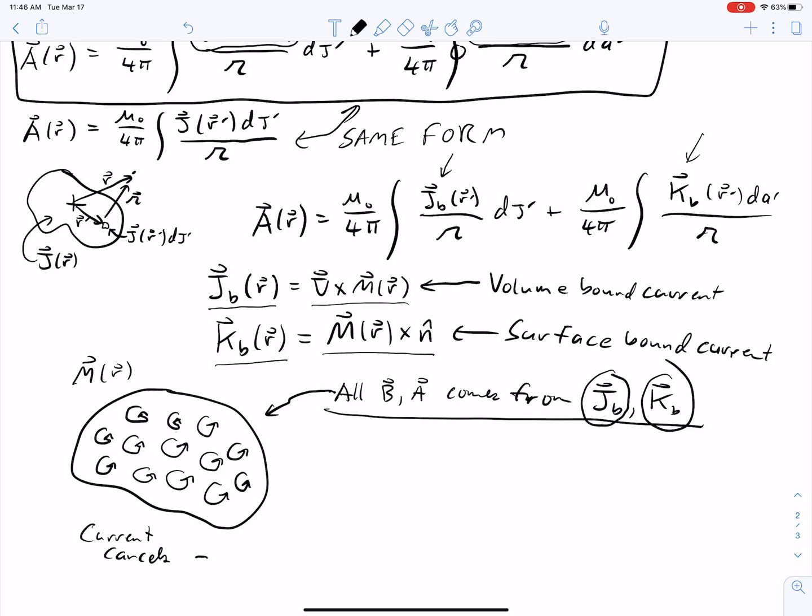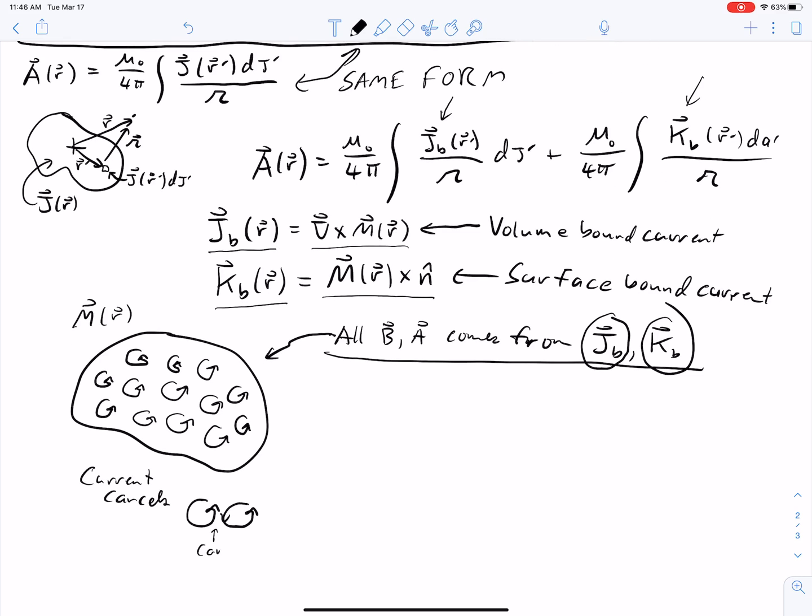And you can see that because if I have two current loops next to each other, here one is going up, one is going down. They cancel right there. The only place where they don't cancel is at the edge.